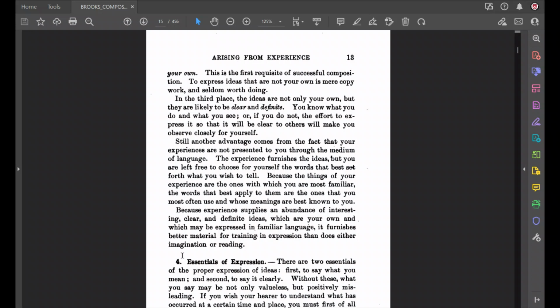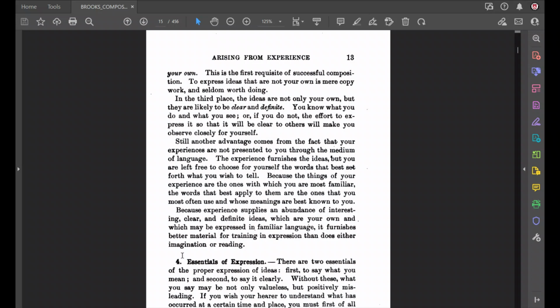So the fourth thing that's helpful about writing about your experience is that you get to tell the story. You get to explain the events. You get to choose the words, and that helps you to write more clearly and easily.